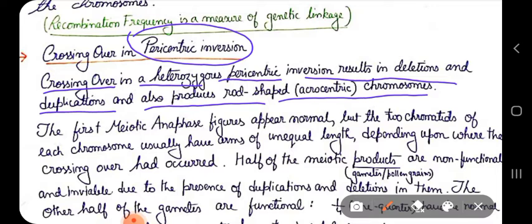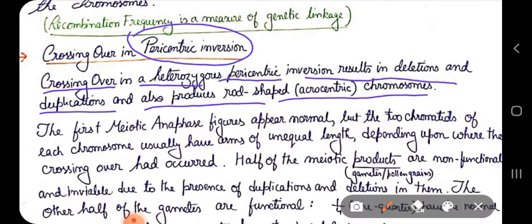Just like I have said, in the case of heterozygous pericentric inversion, one of the chromosomes from the homologous pair has an inverted segment, and it is pericentric, that means it includes the centromere, while the other chromosome from that same homologous pair is normal.